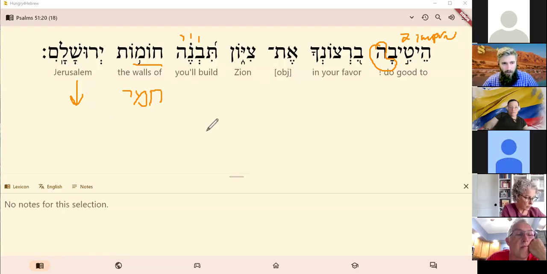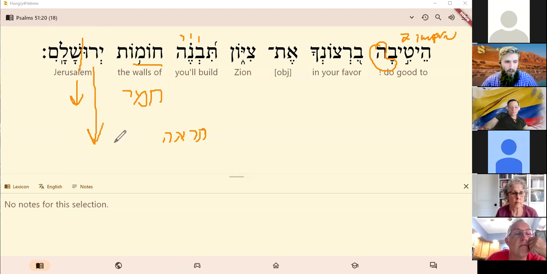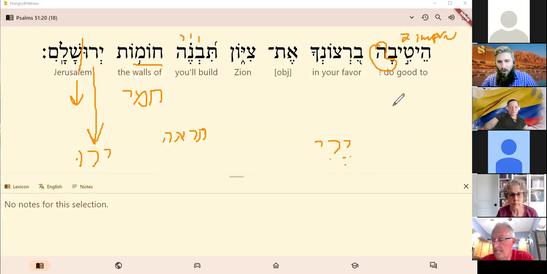What's the word for you will see? But there's an aleph in the ra'a, so I don't know. Yir'eh means he will see. You will see would be tir'eh. So what most scholars do is they put the root yara in there. What is yeri? Isn't it yore, shooting an arrow or something?